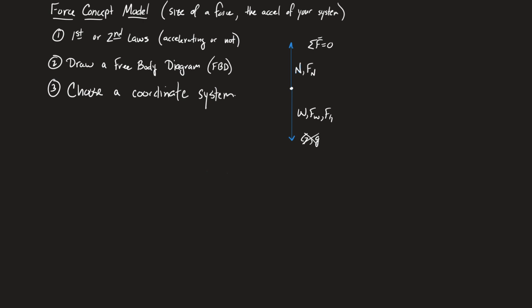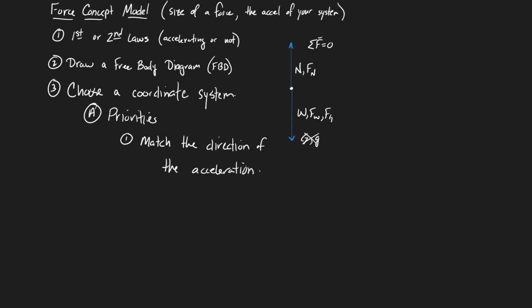There are priorities in this choice, and the priorities are in this order. The first priority is match the direction of the acceleration. If your object is accelerating, you want to point X or Y in the direction of the acceleration.